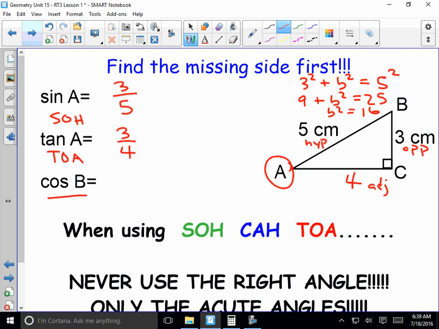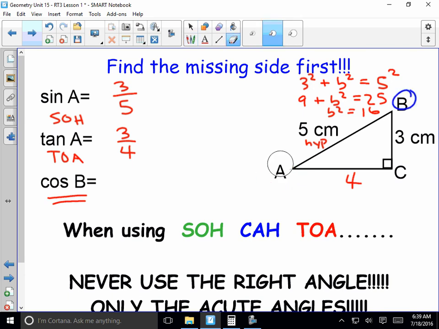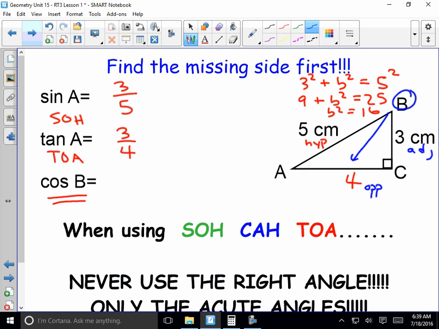Okay, notice this last one, cosine of B. Okay, so if I'm dealing with cosine of B, these opposite and adjacent pieces have to change based on my new starting position or my new reference position. Because now from B, 4 becomes the opposite. 3 becomes the adjacent.